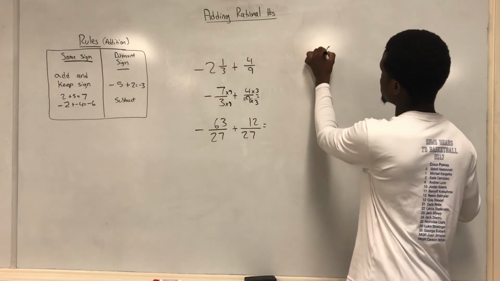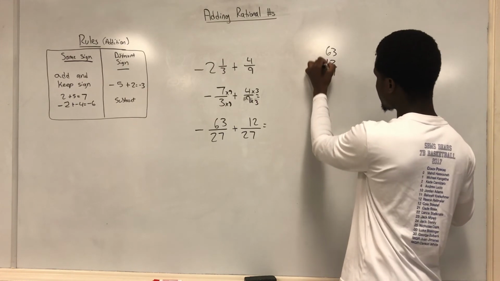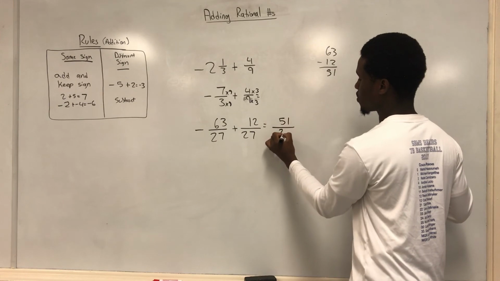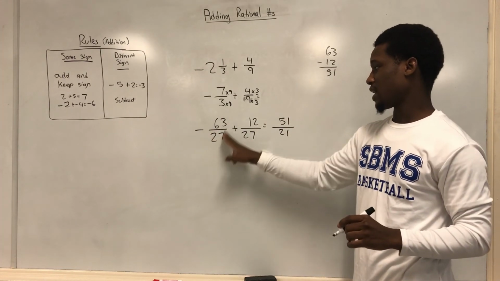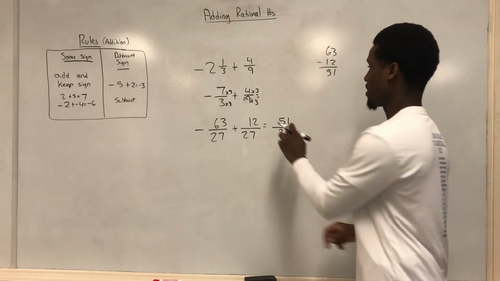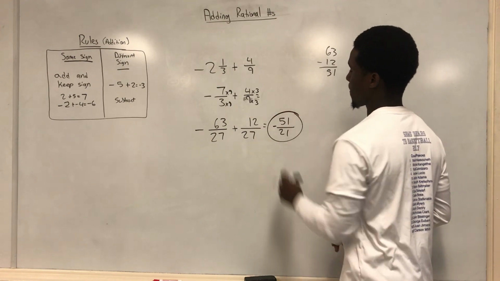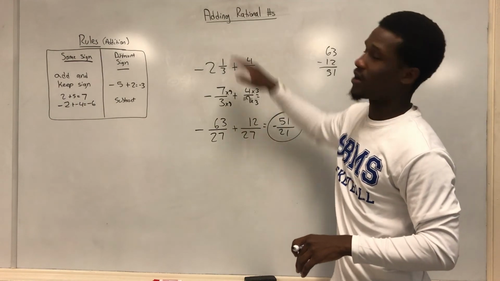So I'm going to do this off to the side. 63 minus 12 is 51. My answer is going to be 51 over 27. But I have to remember, this has a higher absolute value than this. 63 is bigger than 12, so my sign has to be negative. And that's how I go about adding rational numbers.